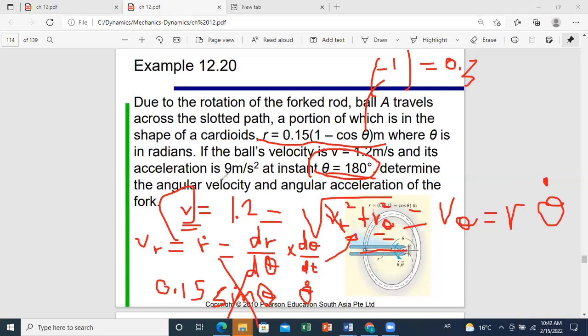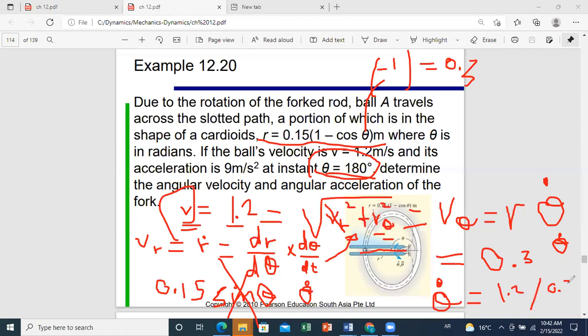For this particular location at 180, I have V, which is 1.2, equal to 0.3 times theta dot. Since the only unknown is theta dot, the velocity equation will allow me to get theta dot equal to 1.2 over 0.3.